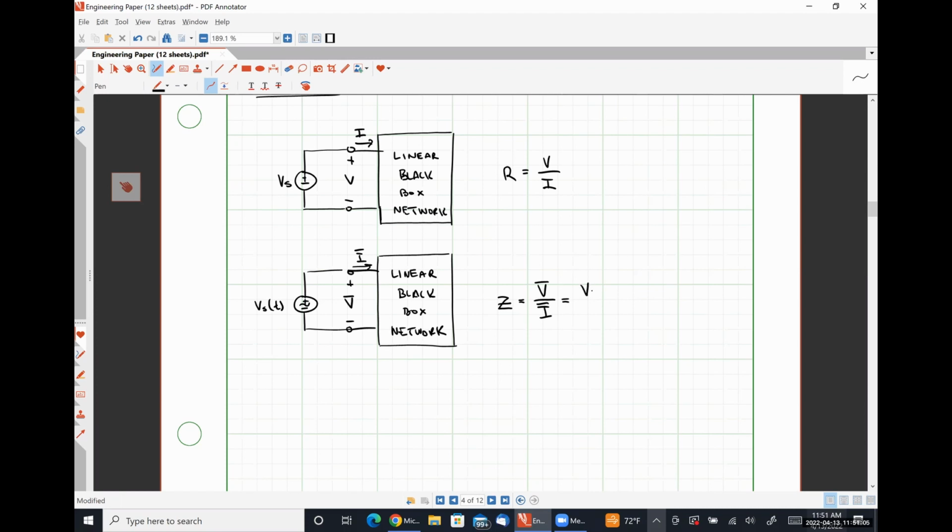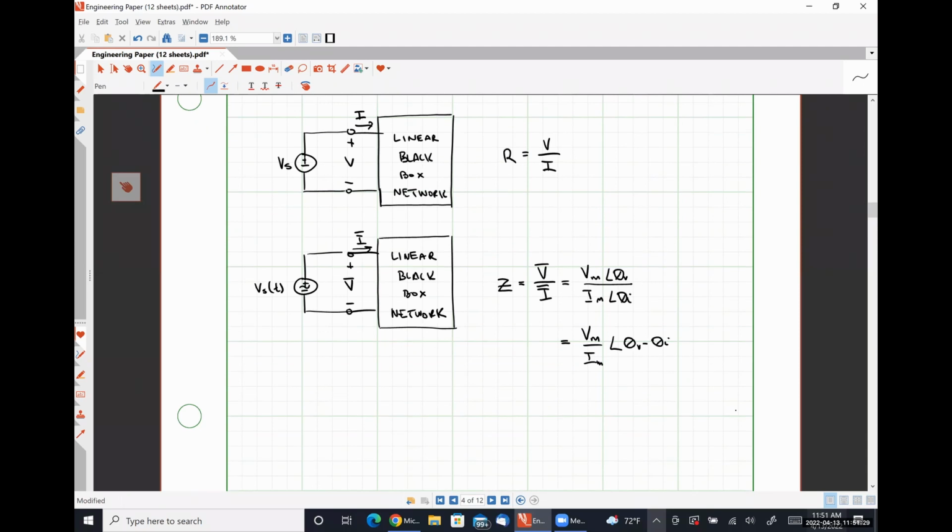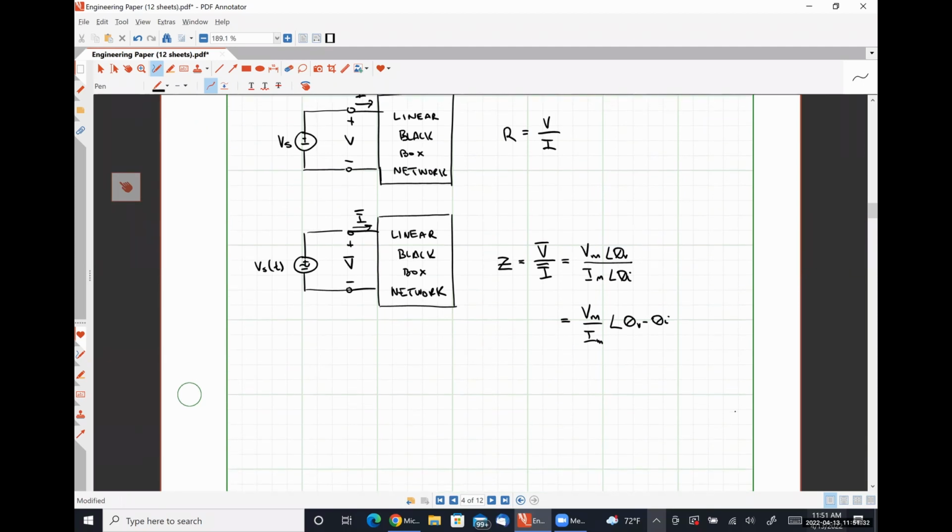So if V is Vm angle theta V, and I is Im angle theta I, then our impedance Z is Vm over Im with a phase angle of theta V minus theta I, a magnitude and a phase angle.